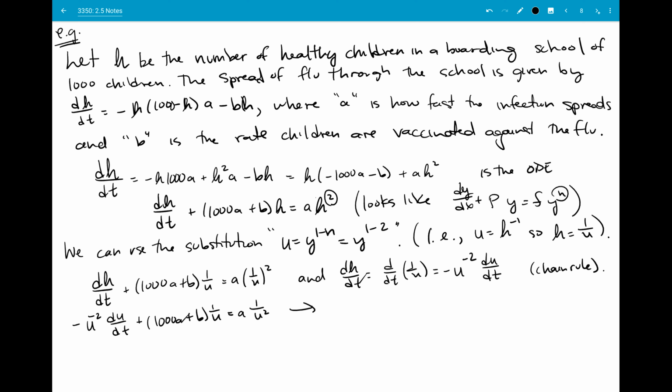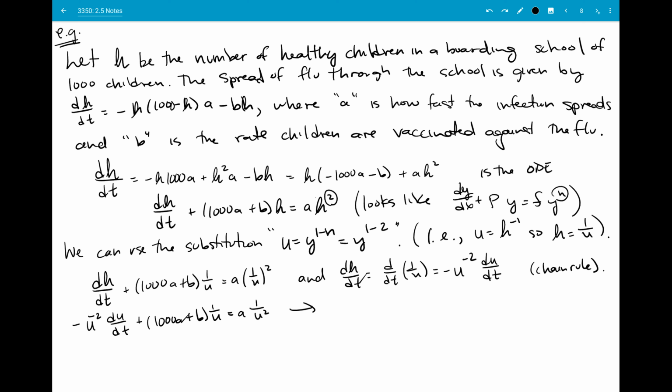And then when we solve differential equations that look like this, this form reminds me of solving linear equations. And when I'm solving linear equations, I don't like to have anything attached to my du/dt.